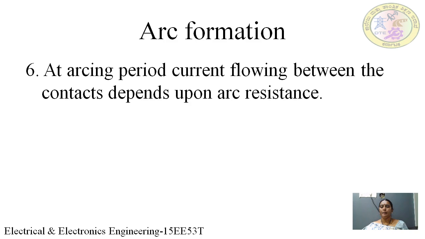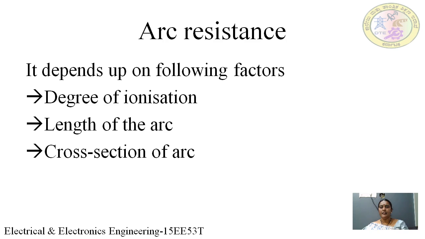At the arcing period, the current flowing between the contacts depends upon the arc resistance. Now, let us see what the factors are on which arc resistance depends. Arc resistance depends upon three factors. One is the degree of ionization, because of which there is a formation of arc in the medium.